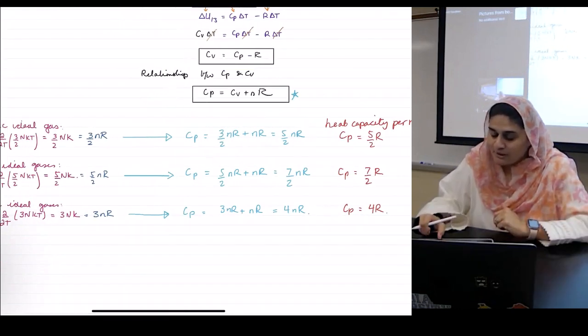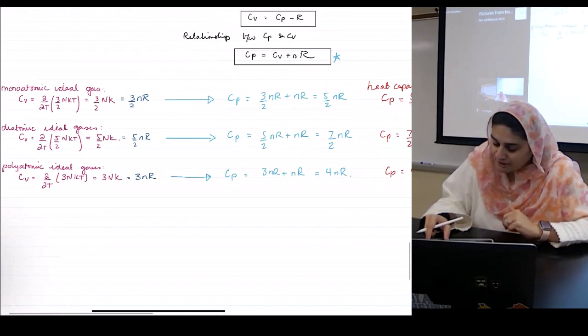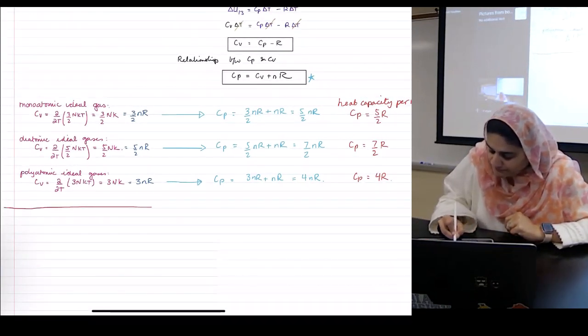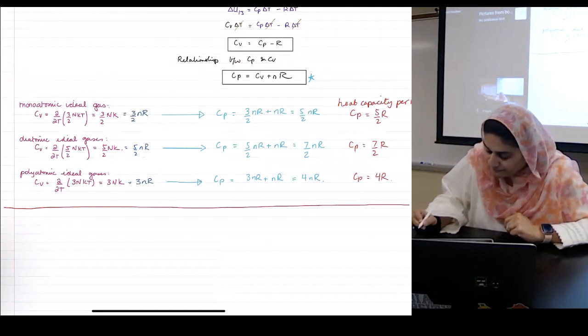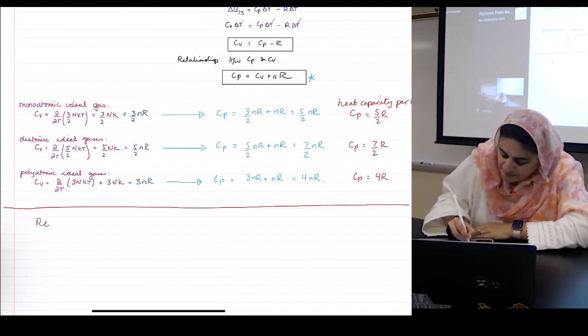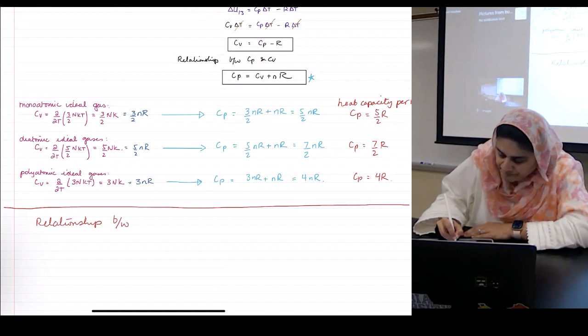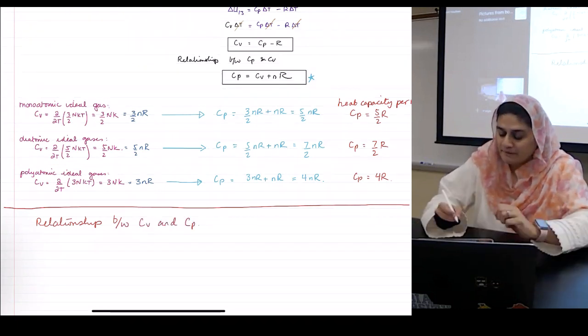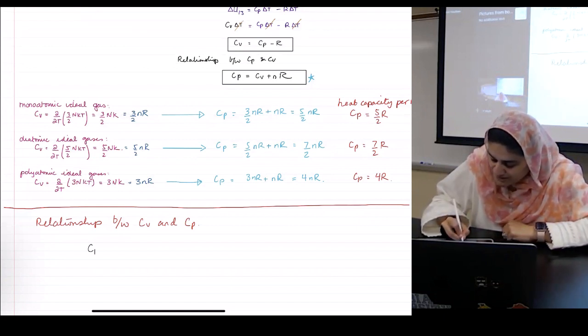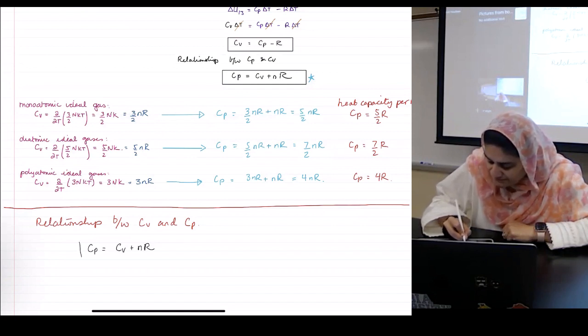Okay, so another thing that we need to talk about, I put a line here, is the relationship between CV and CP. So the relationship between CP and CV was CP equals CV plus NR, correct?